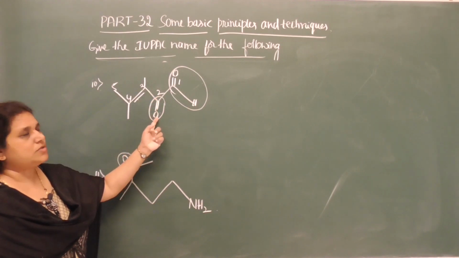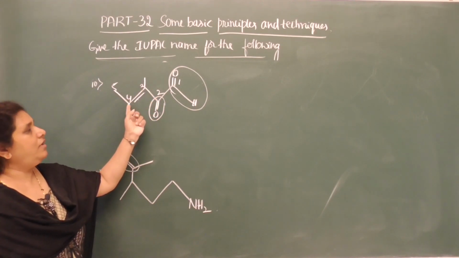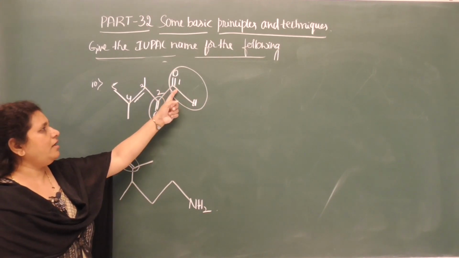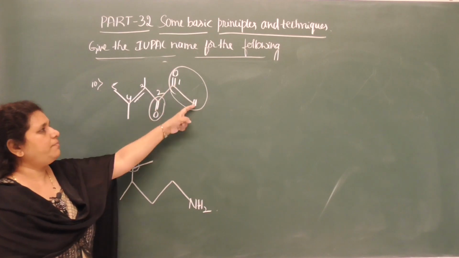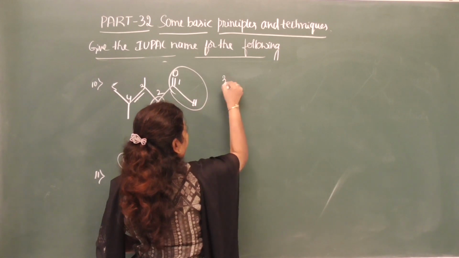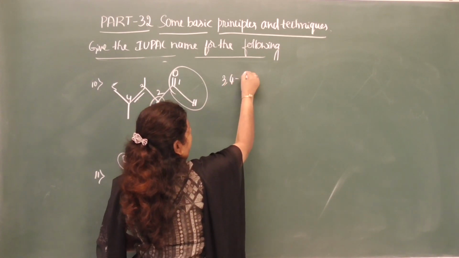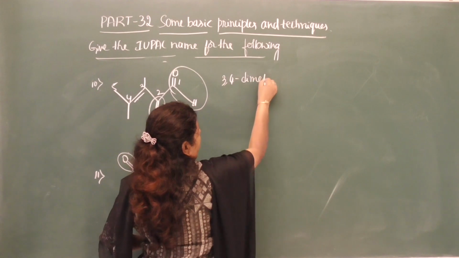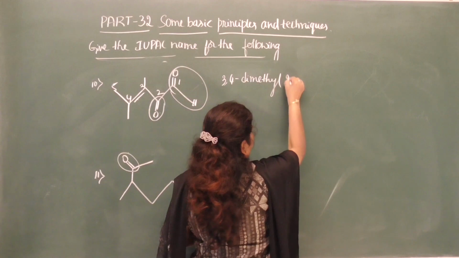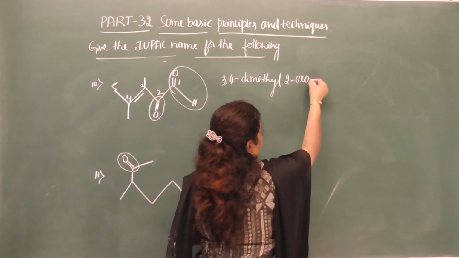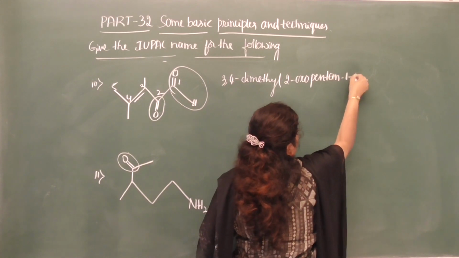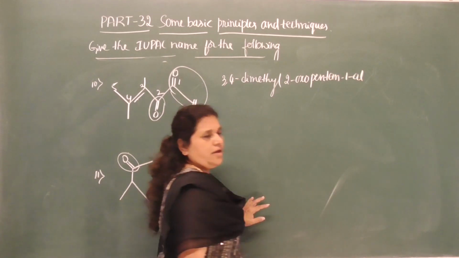So when it is oxo, then 3,4-dimethyl, 2-oxo, pentane, 1-ol. So what is the name? 3,4-dimethyl and 2-oxo, pentane, 1-ol, or you can write it as pentanol.